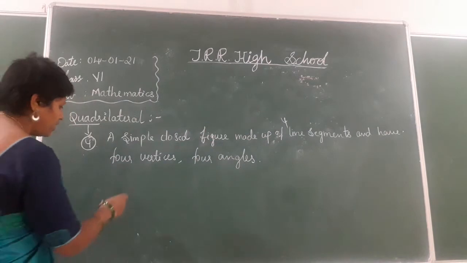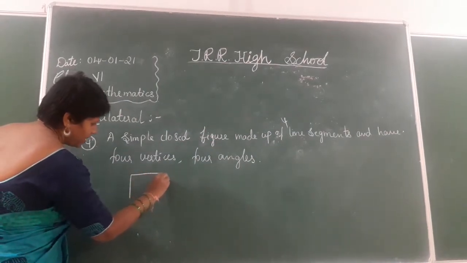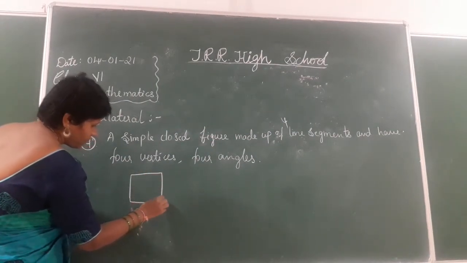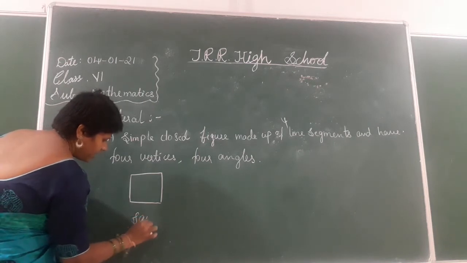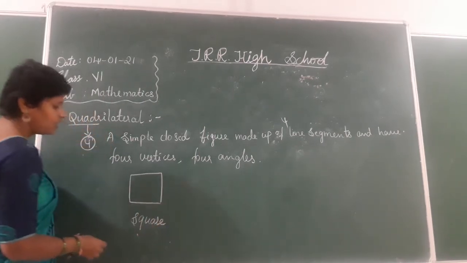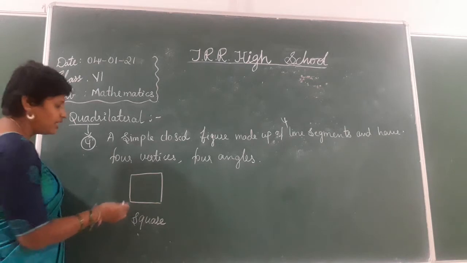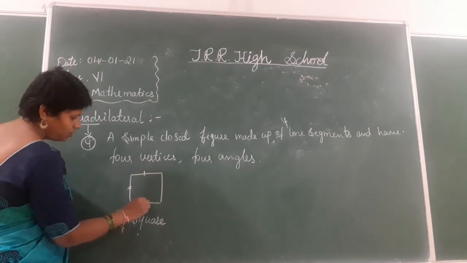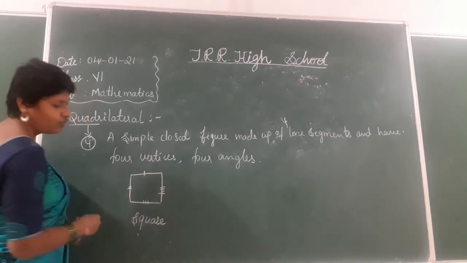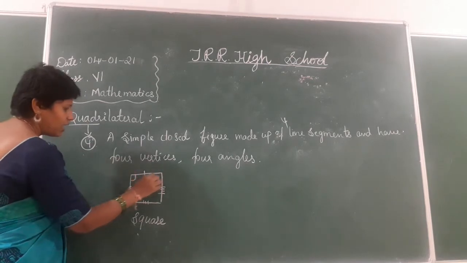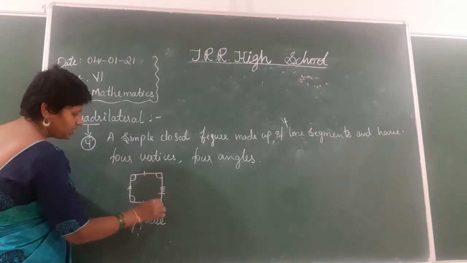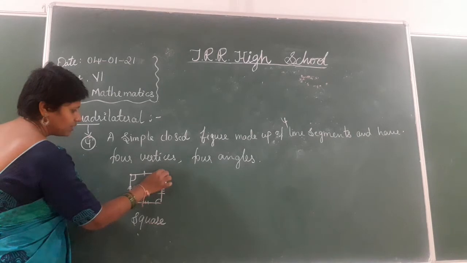Suppose I take a square. What is it? It is a square, right? For a square, how many sides are there? 1, 2, 3, 4. Four sides, four angles and four vertices are there.